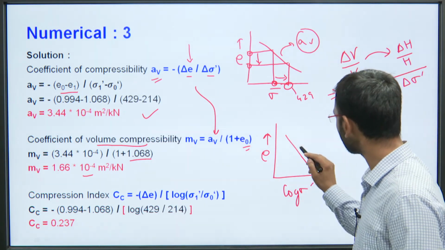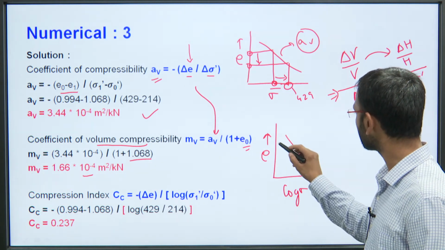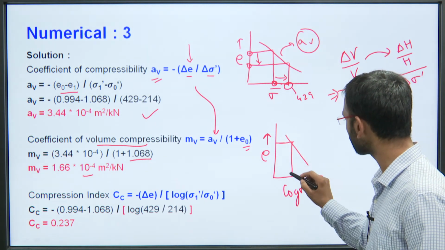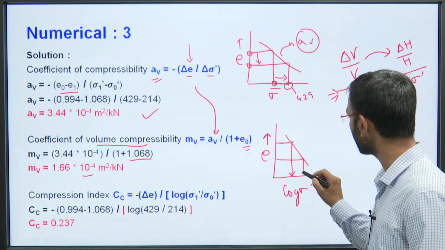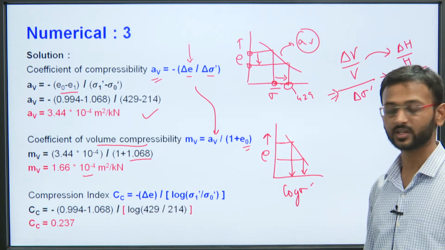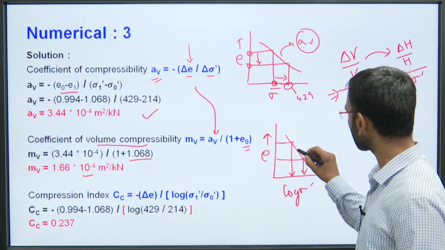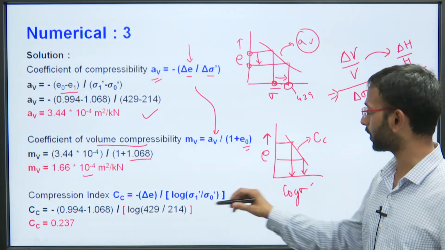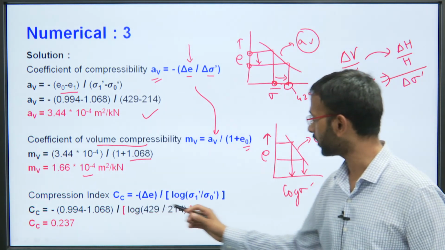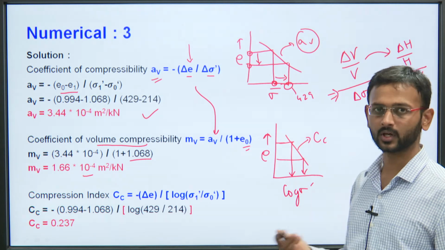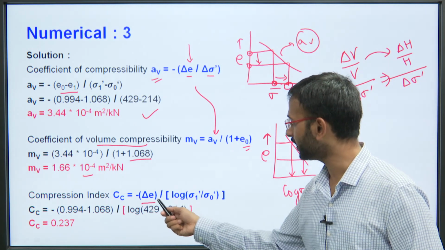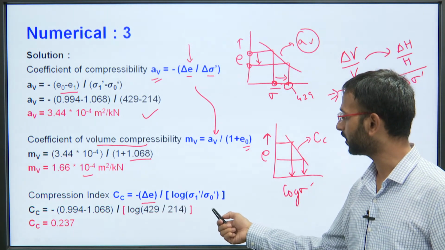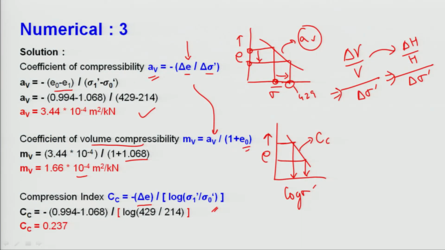When you plot the curve here, there is some void ratio corresponding to some effective stress, and some other void ratio corresponding to the other effective stress. The slope of this line would be the compression index. So, C c comes out to be minus delta e over log of sigma 1 dash by sigma naught dash. Simply putting the values in terms of log, the compression index comes out to be 0.237.